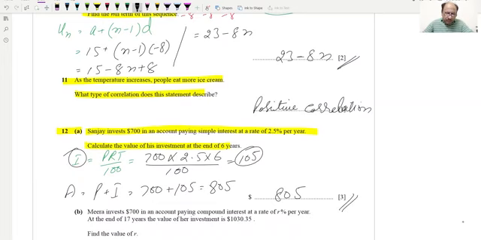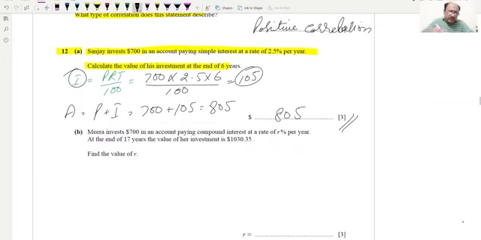This is done. Now the B part says Mira invests the same amount at a rate of R per year, and at the end of 17 years the value of her investment is 1030.35.